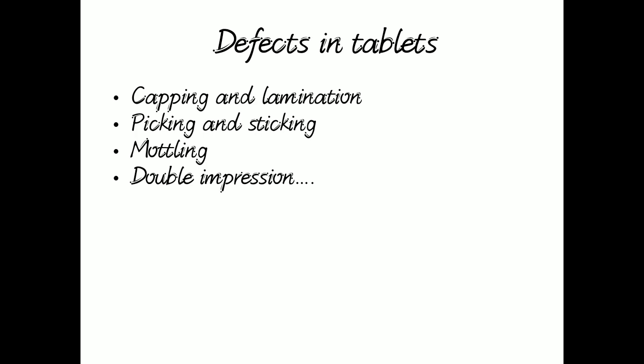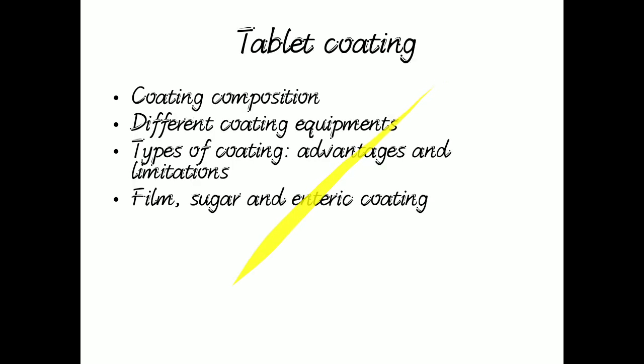So in spite of single impression, it will show the double impression onto the tablet surface. So such problems can be encountered if the upper punch is in the engraved form, or the tablet machine utilizes two compression stages for compressing the tablet. Okay, so these are the important topics of defects of tablet.